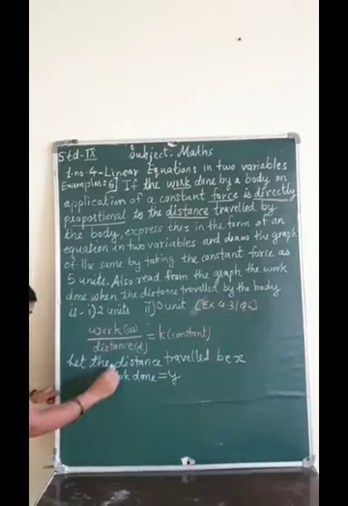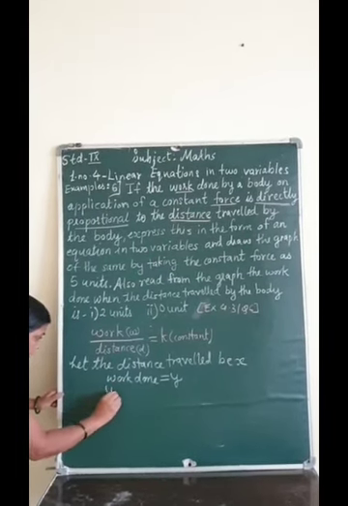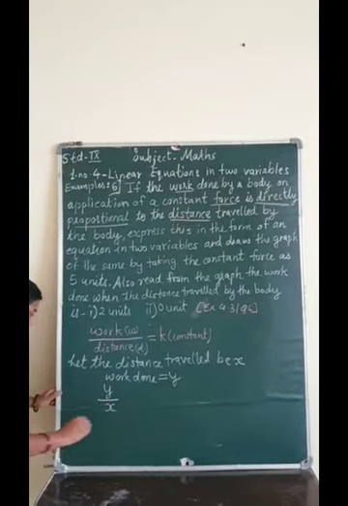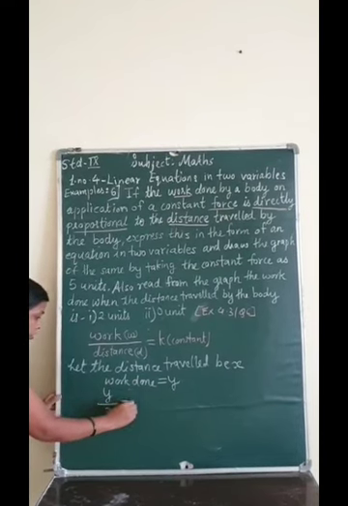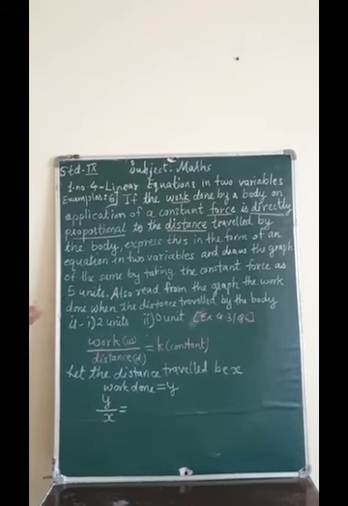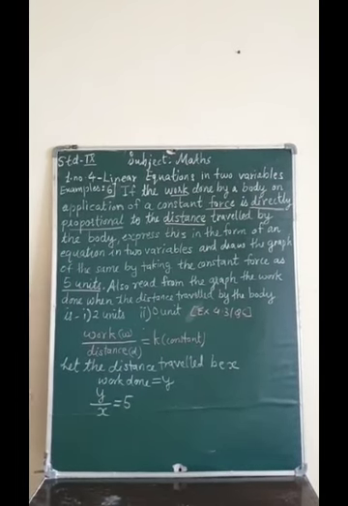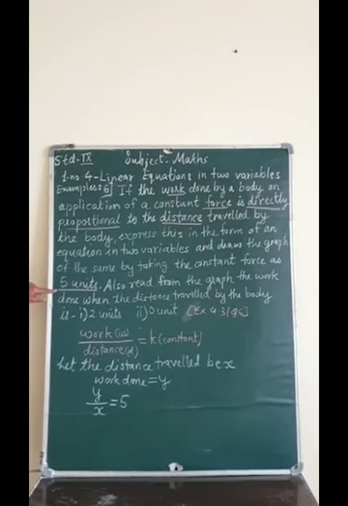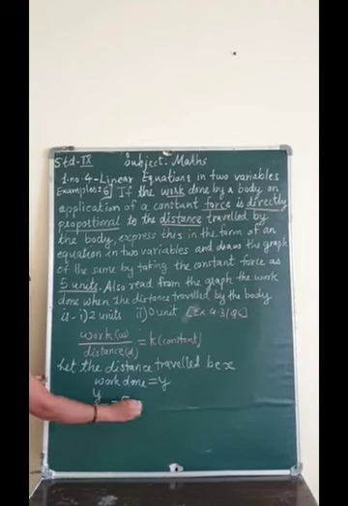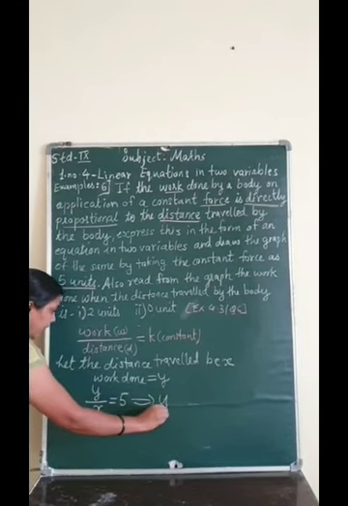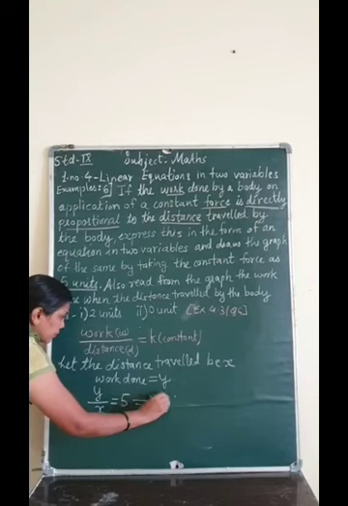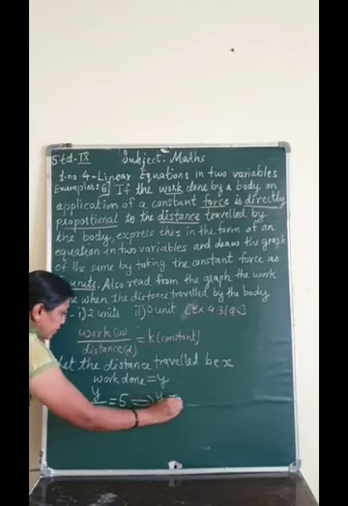So by using this, we get work done upon distance travelled is equal to the constant, which is given here as 5 units. Constant force, which is given as 5 units. So this gives us the equation y equal to 5x.